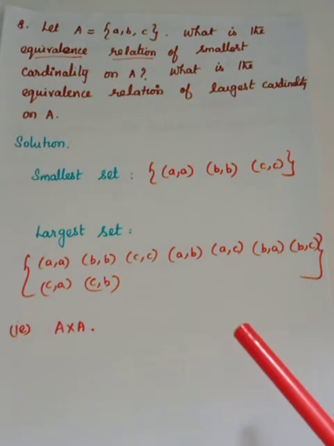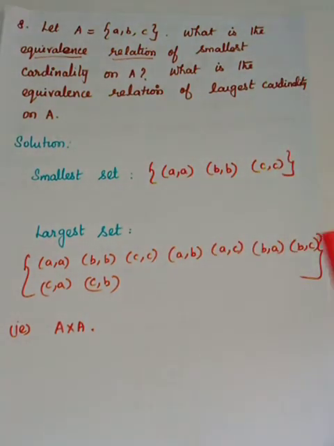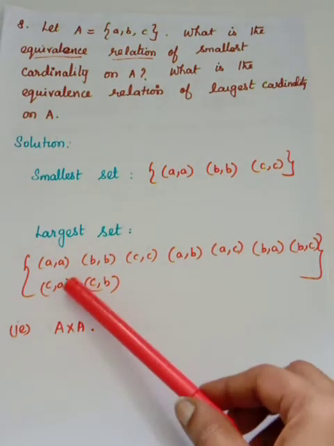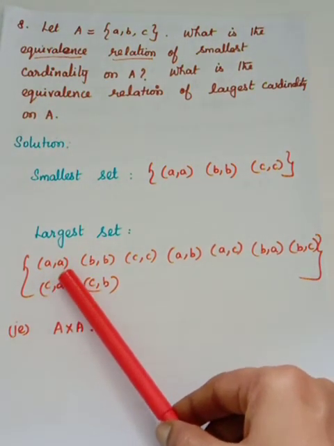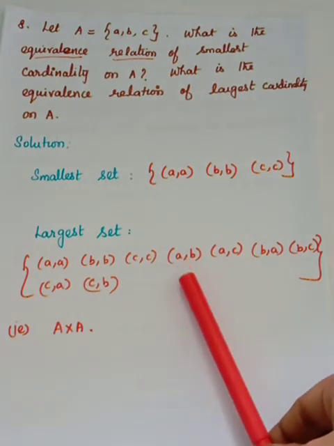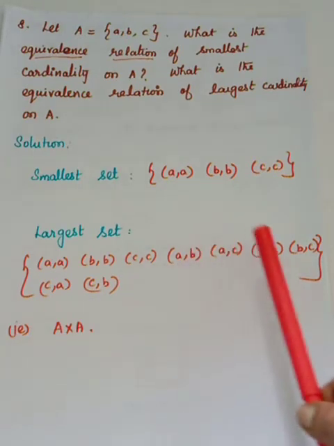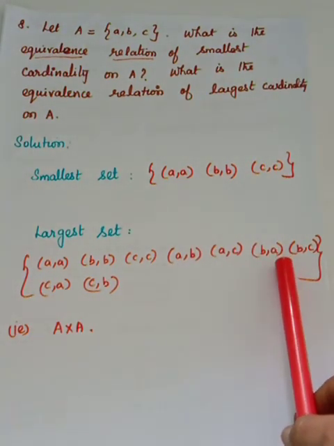Okay, so what is the equivalence relation of largest cardinality? We have to write A comma A, B comma B, C comma C. If we consider A comma B, then B comma A should be there, then only it is symmetric.